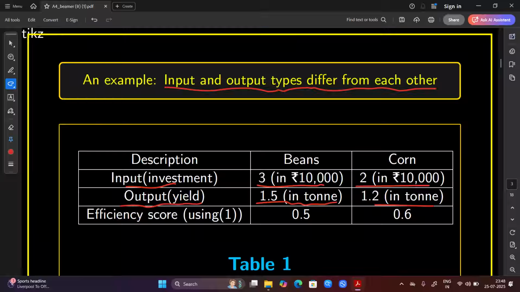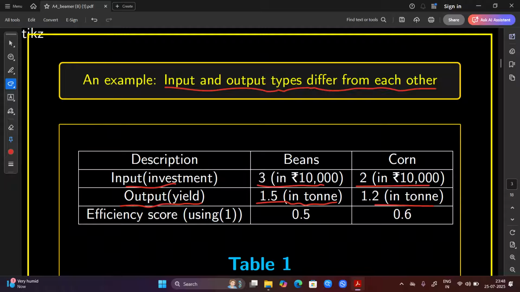Input and output types may differ. What does that mean? Just see here, for input, that is 3 units, the type is currency. In output, look at beans, 1.5 in ton, this is not a currency, this is a quantity, but we can apply the efficiency formula.